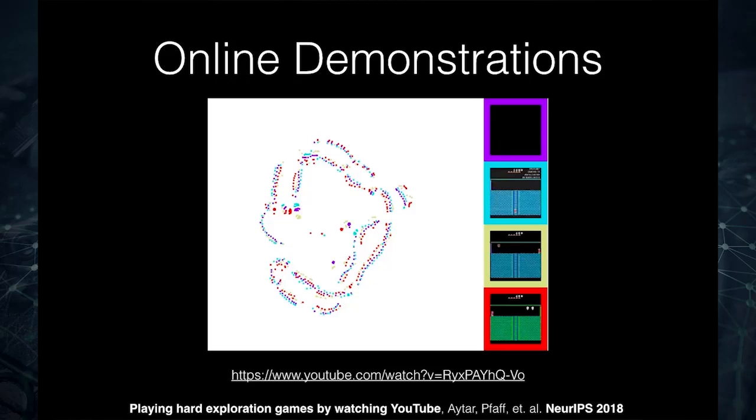So one problem with the kind of demonstrations that I talked about here, where you have demonstrations in the game itself, is that it's a very lab-like setup. You ask people to play the games for you, and you collect all the data, and then you can bootstrap on that. But maybe we don't want to set up this lab-like environment.